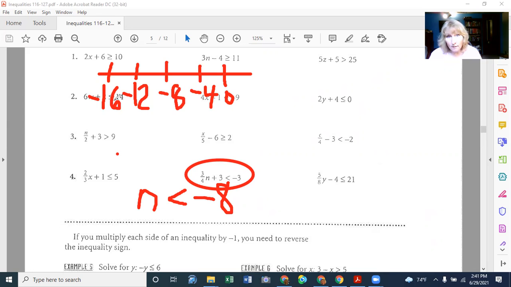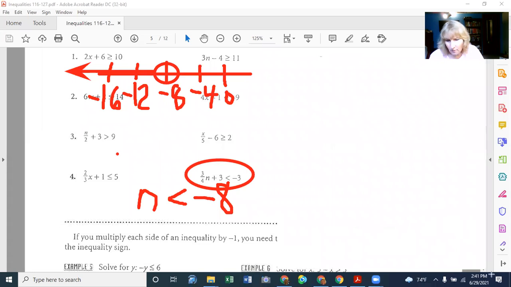So n is less than -8, so we're going to have an open circle at -8. It does not include -8. And our arrow is going which direction? Left or right of -8? Yeah, less than. So less than goes to the left. So that would be our solution set. Now we can test it to see if our solution set is indeed true, if we got the right answer.